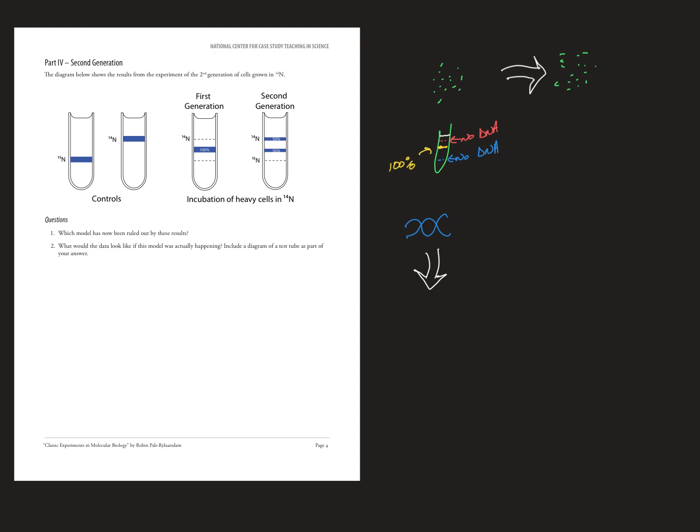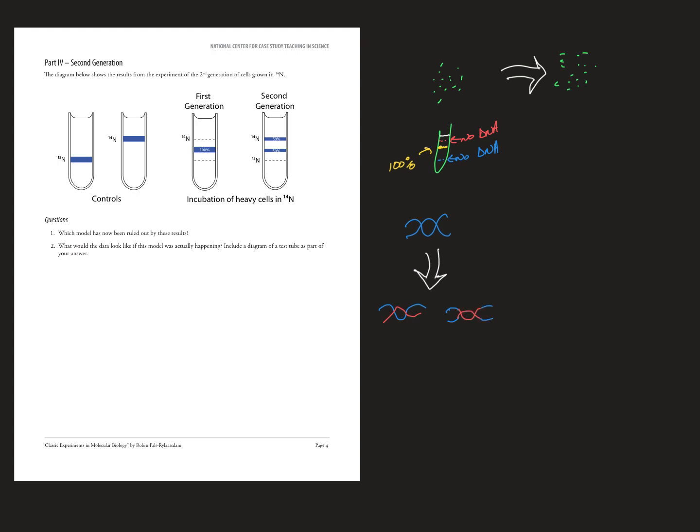And then we either had one of the two, but we had some kind of mixture of the two at that point. So if we copied it, we'd either have one heavy and one light, semi-conservative, or we'd have partially heavy and partially light.